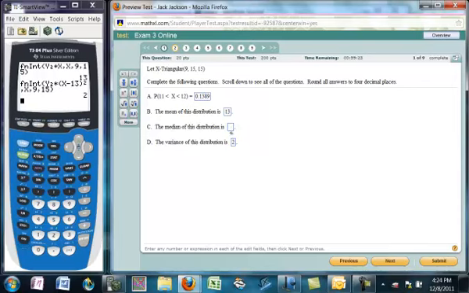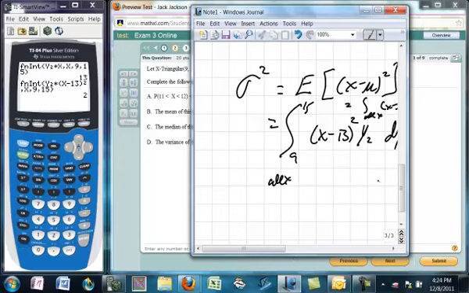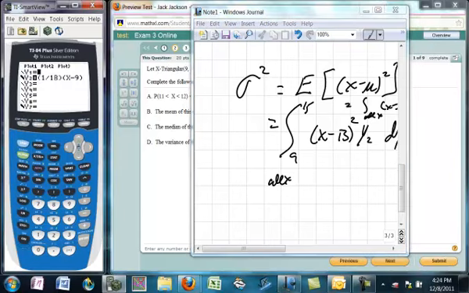Now, we need to find the median. To find the median, we really need to have not the PDF, but the CDF. Okay? So I'm going to find the CDF of this one by basing it on Y1. So I'm going to go to Math 9, function, integrate.